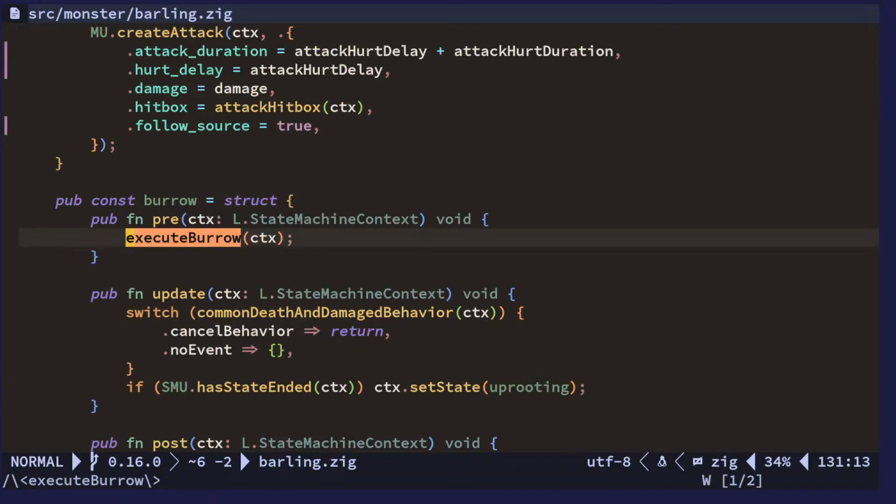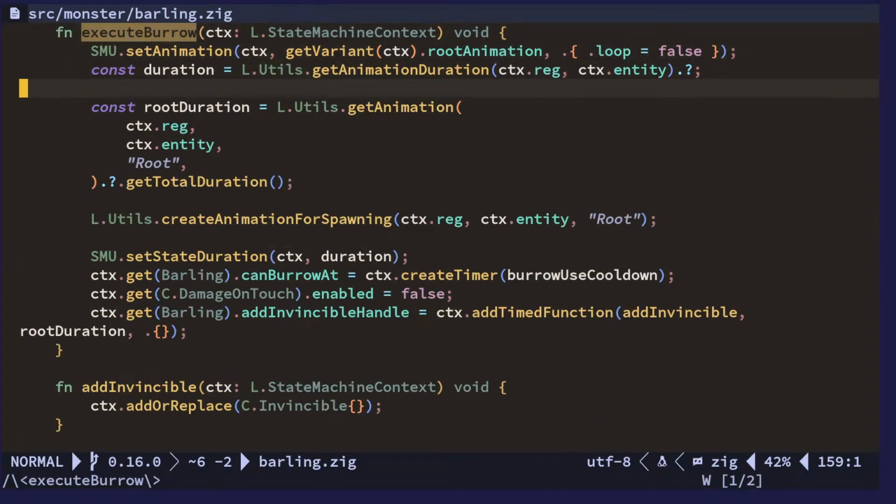Root duration. And what's the duration of... So we set the animation to root animation, and then this is also the root animation. And we create the root animation there.